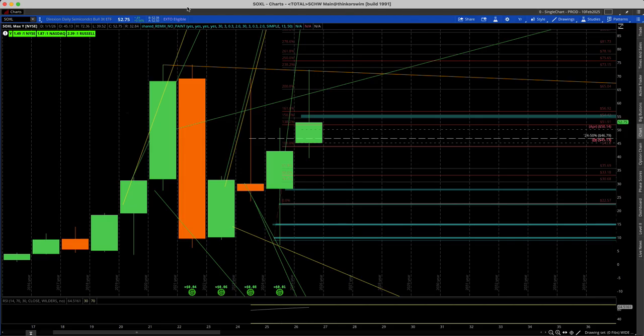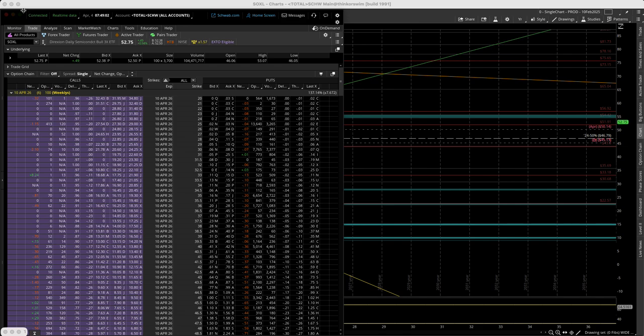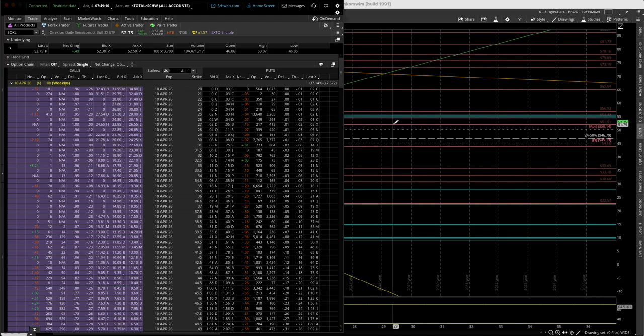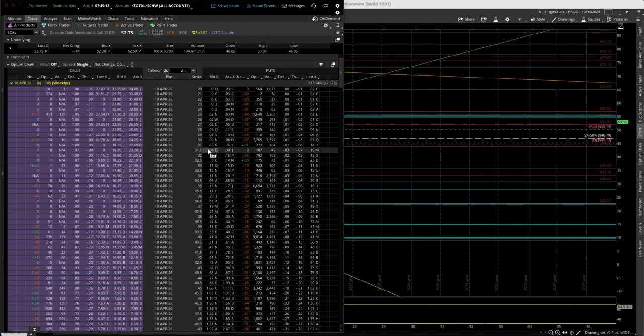Let's go ahead and take a look at the market maker's expected move for this coming week. To do that, let's take a look at our options chain on Thinkorswim. If you don't use Thinkorswim, I'll show you how to calculate this in a second, but it's very easy. If you use Thinkorswim, just go to the options chain for this coming week, April 10th. Go over here to the right hand part of this bar, and you can see a number in parentheses.